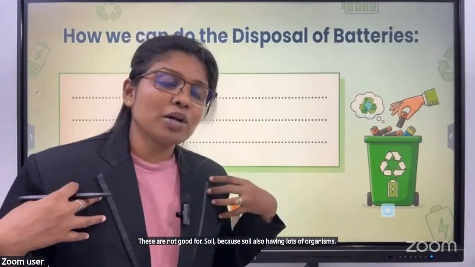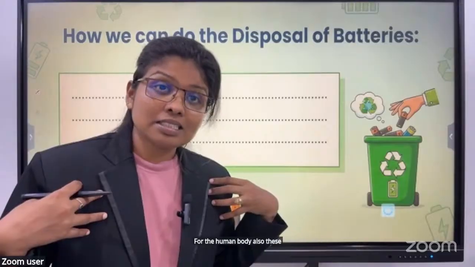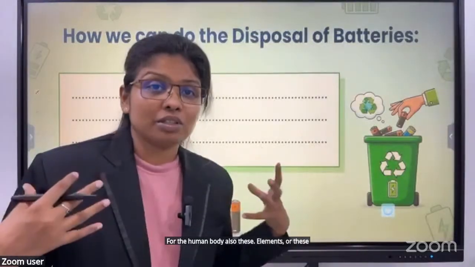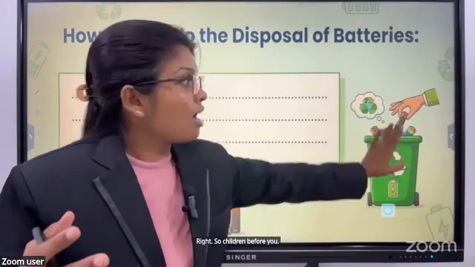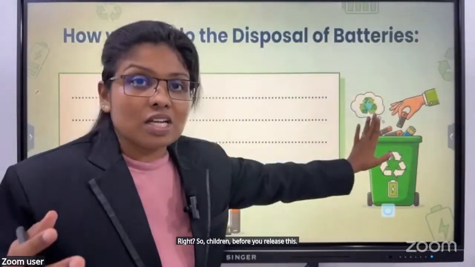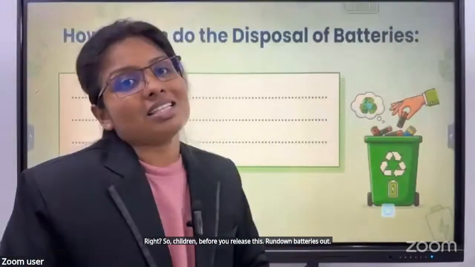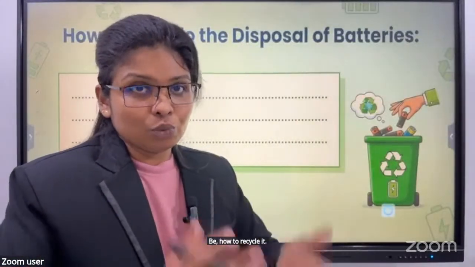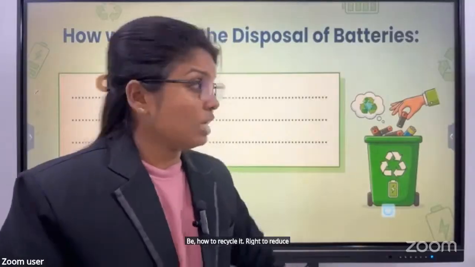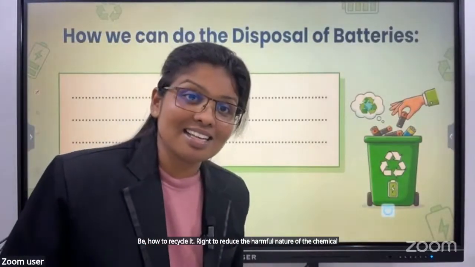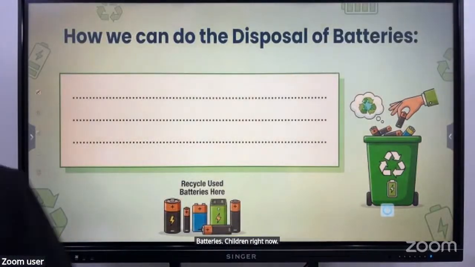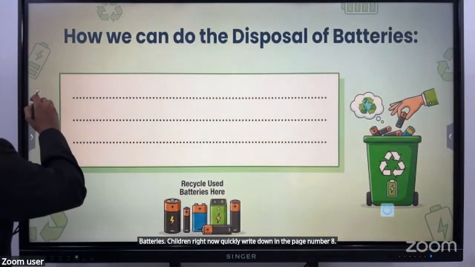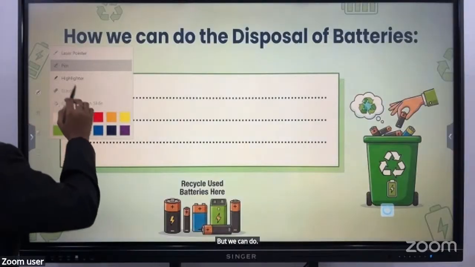For our human body also, these elements or metals are not good, right? So children, before you release these run down batteries out, we have to recycle them, right? To reduce the harmful nature of the chemical components in these batteries, children. Right? Now quickly write down on page number 8 what we can do for disposal of these batteries.